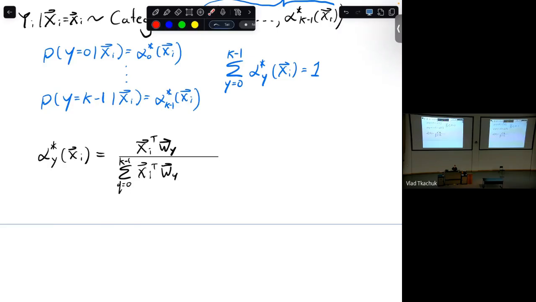So this number is now some number between 0 and 1. And if you were to take this thing and sum over all y, you would get a number that's exactly equal to 1, because the top would just become this sum, and then it equals 1. This is the natural way to normalize things. All we're trying to do here is just achieve this fact that it sums to 1.